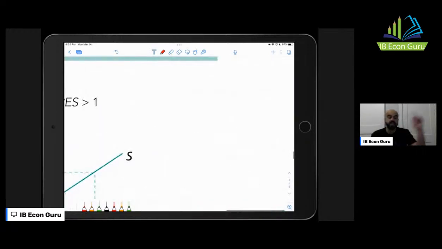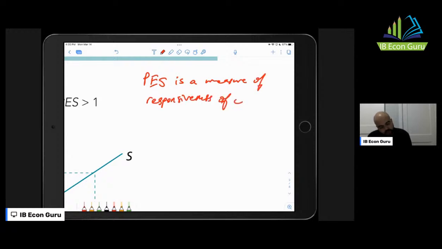Okay, price elasticity of supply. Now I've finished PED and YED. Price elasticity of supply, PES, is a measure of the responsiveness of quantity supplied to changes in price.